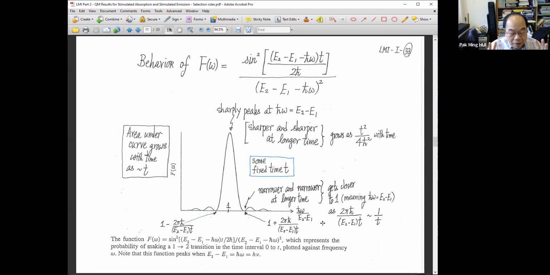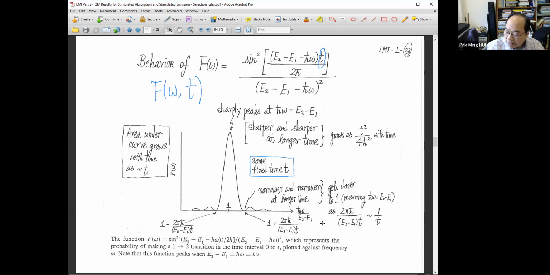Try to get your understanding once and for all. I say that it's complicated because there are different viewpoints to look at the function. To be explicit, this function can be viewed as a function of omega as well as a function of t, because you really have a t here.